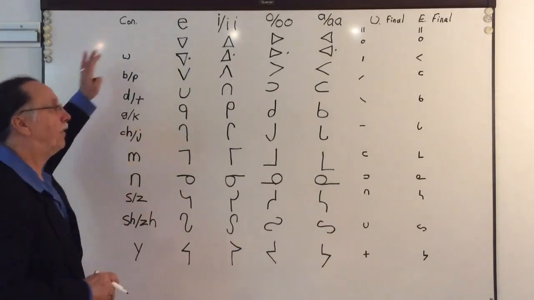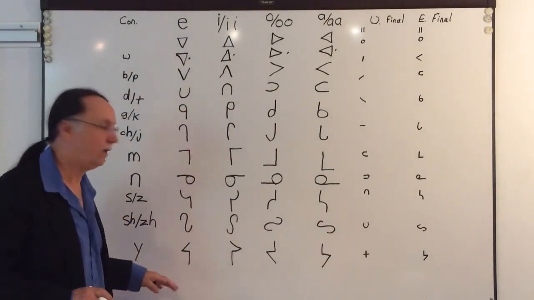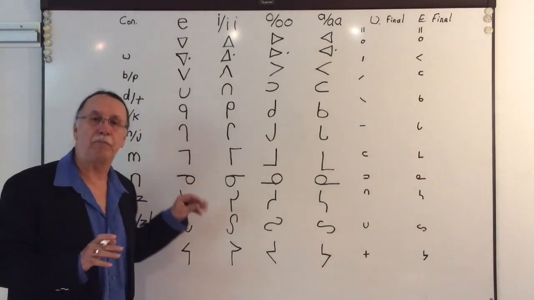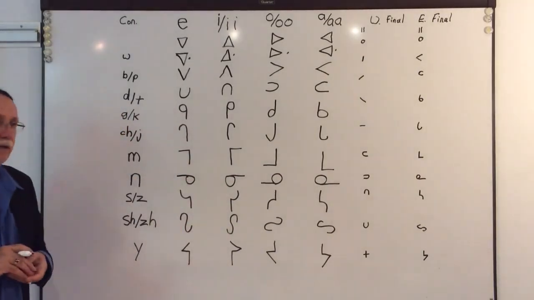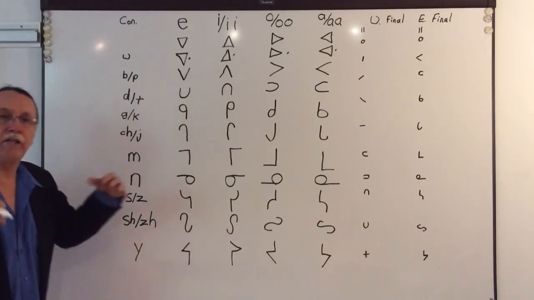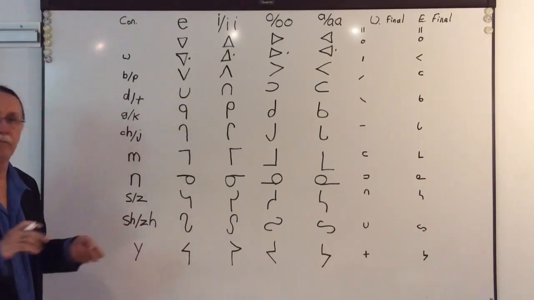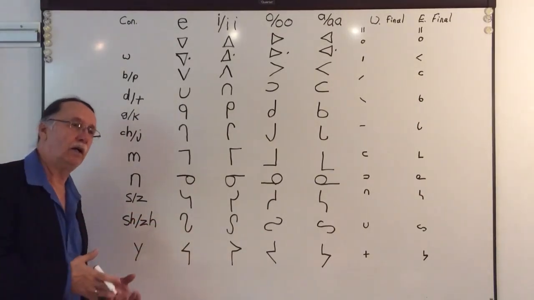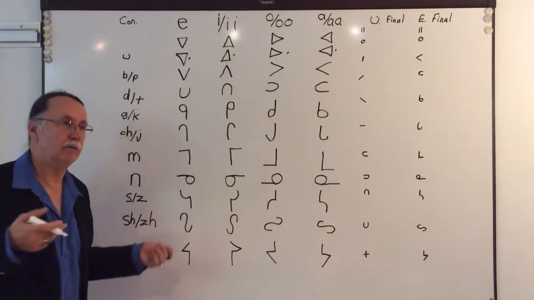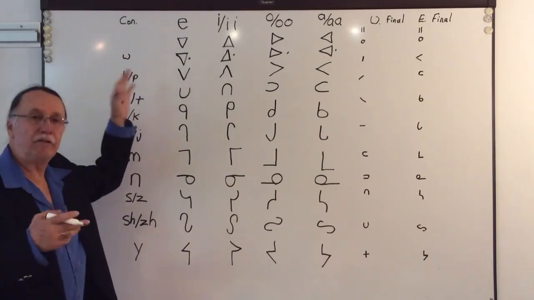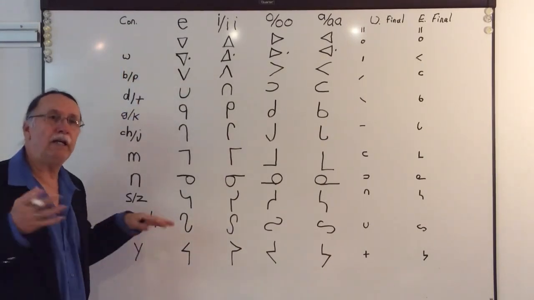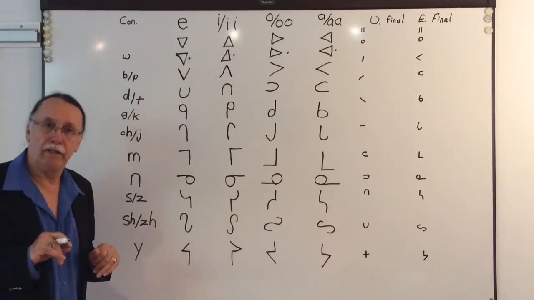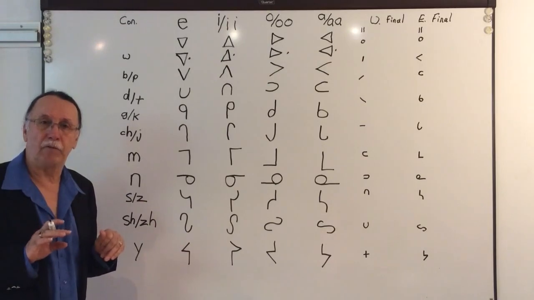Okay, so what you see here is all you need to speak Ojibwe in the northern Great Lakes area, the southern Great Lakes area, the middle area, and any dialect that does not have R and L in it, and that's most dialects of Ojibwe.